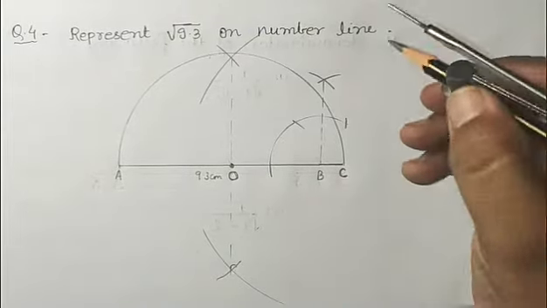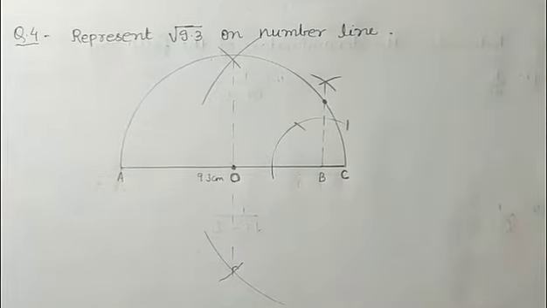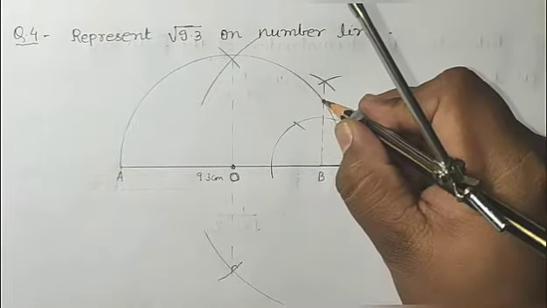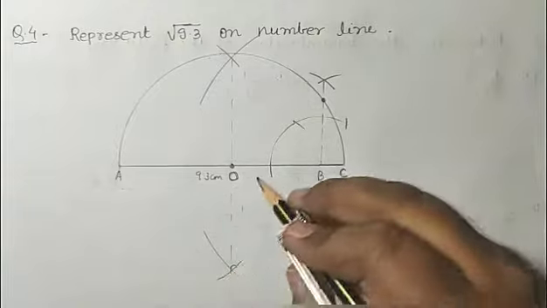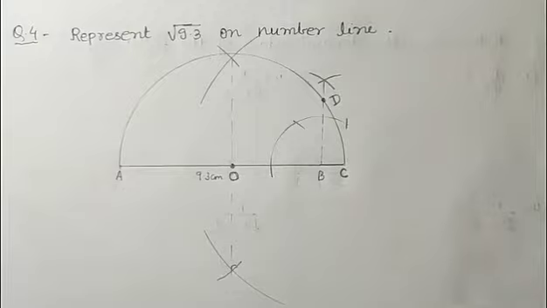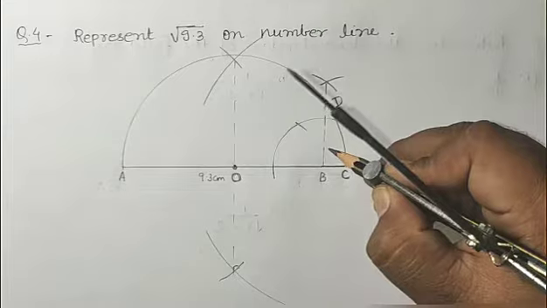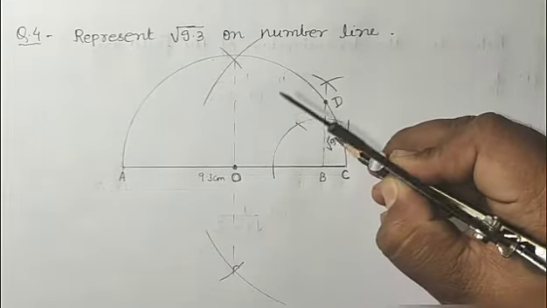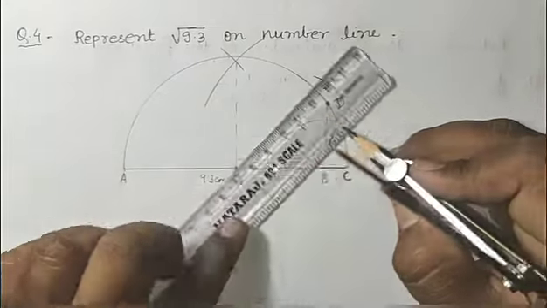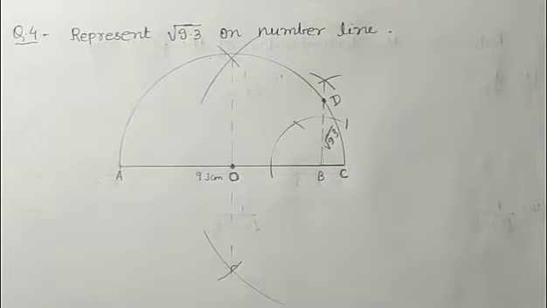Where this perpendicular cuts the semicircle, suppose this is point D, so this distance BD will be your under root 9.3. Not the distance OD, but the distance BD will be your under root 9.3.